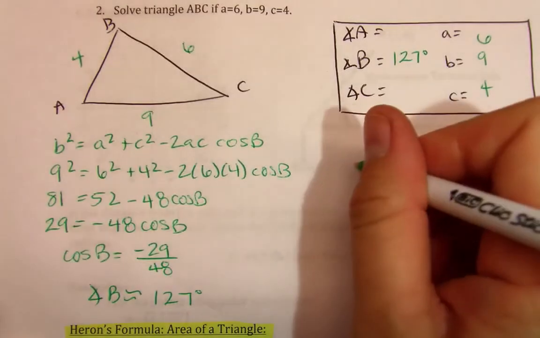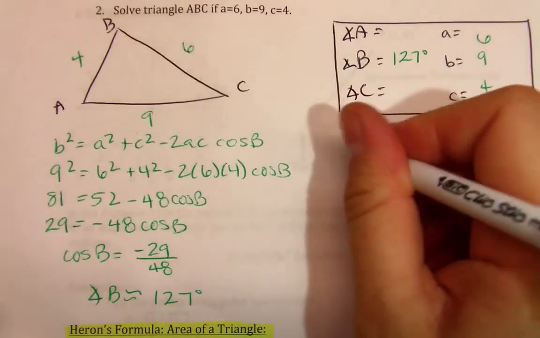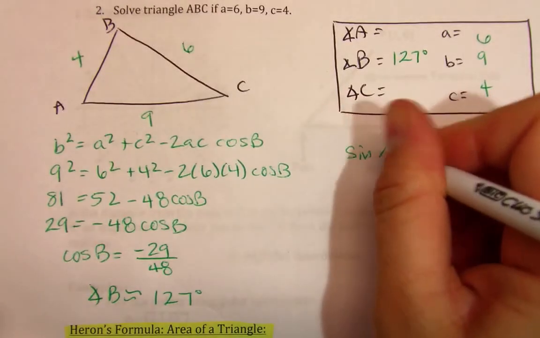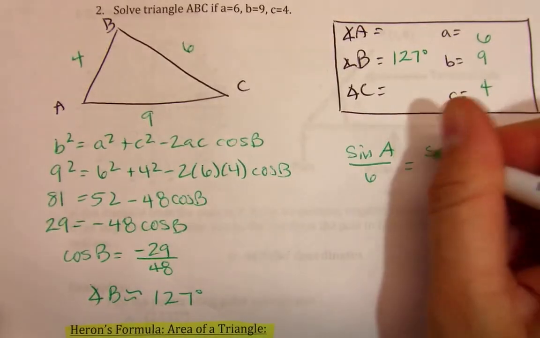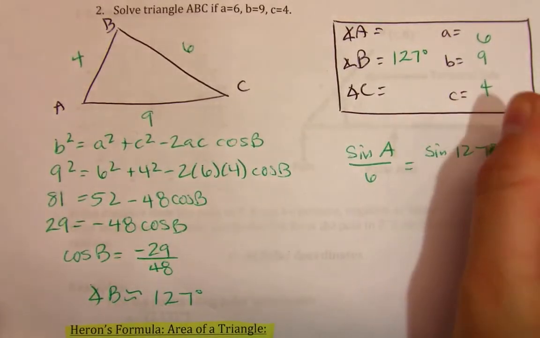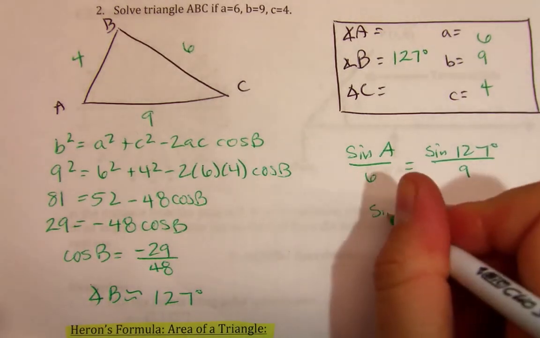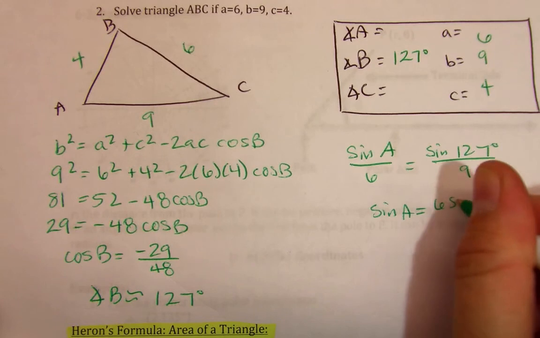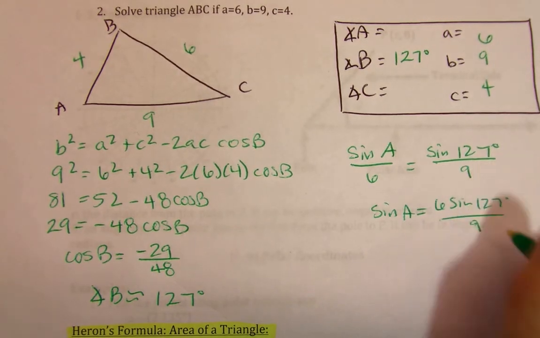And now I can use the law of sines to find one of my other ones. The next biggest one is this one. So sine of A over 6 equals sine of 127 over 9. And sine of A is equal to 6 sine 127 over 9.